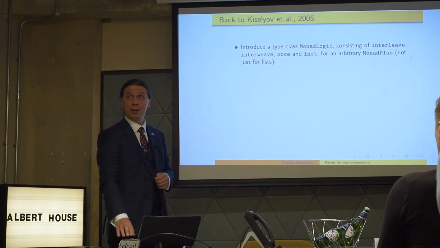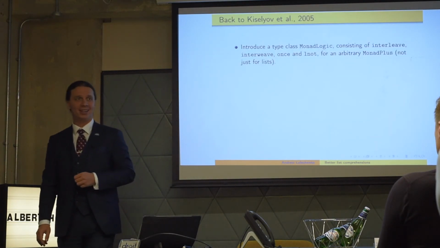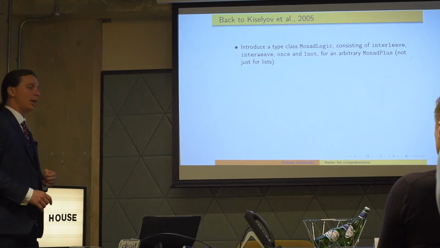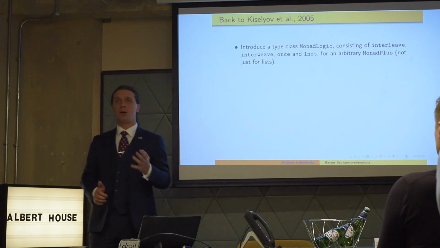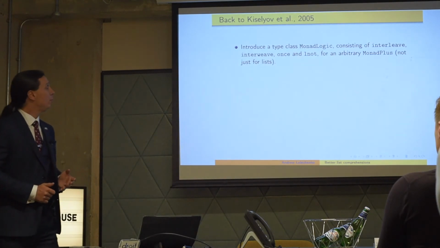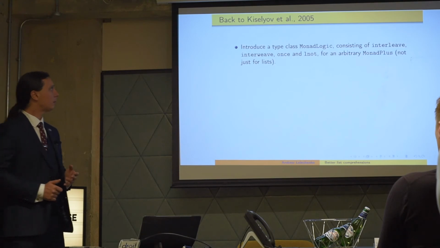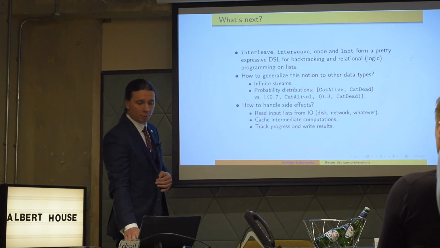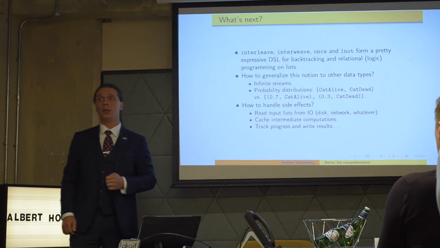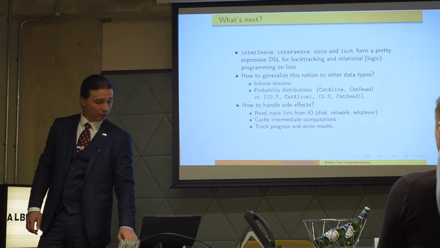And we are finally back to the paper. So what was the actual contribution of Kiselyov and company almost 15 years ago? What was their contribution to these problems which I described on this slide?